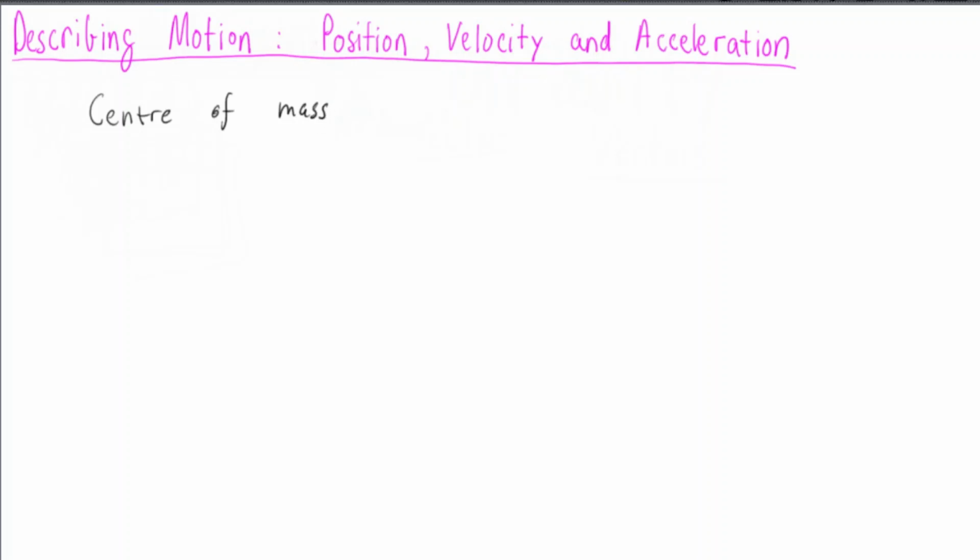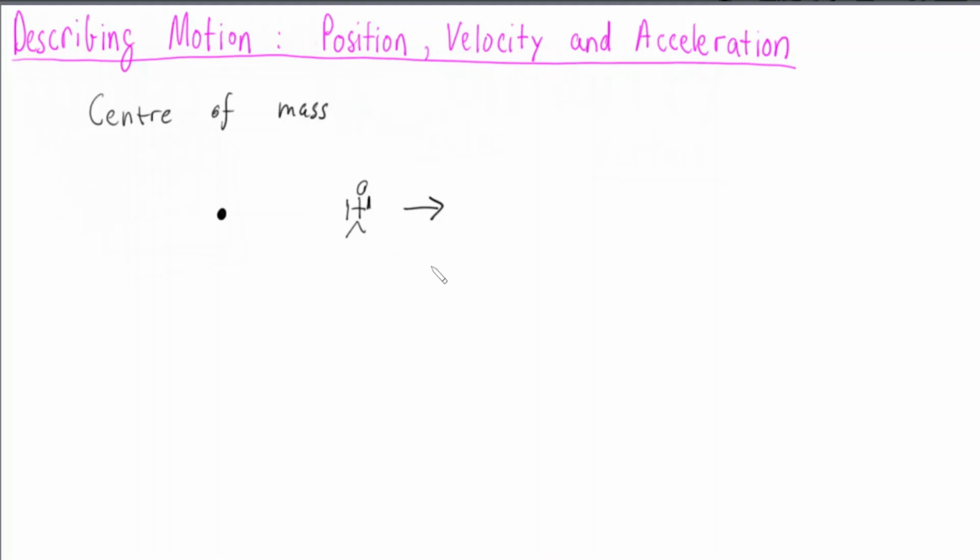Now, for the purposes of most of this course, we will be viewing objects undergoing motion as a single mass located at a single point. This simplifies many complications that might come with a complex body or object. For example, let's say we were observing a sprinter that was running around a track and it was moving in this direction.